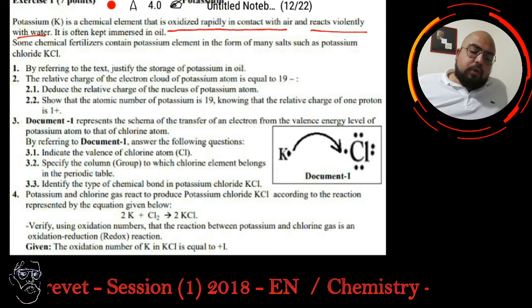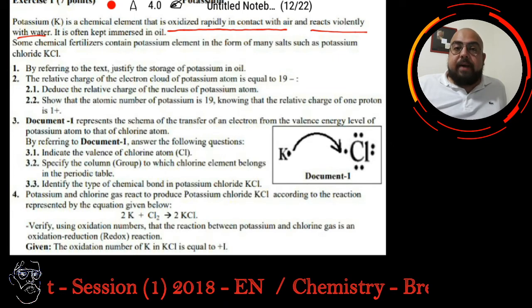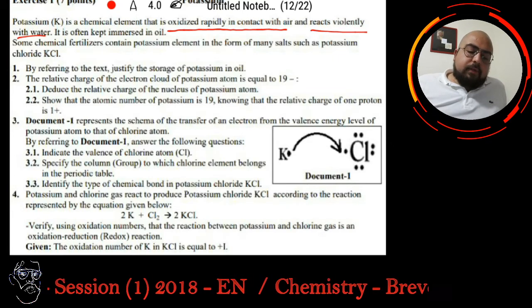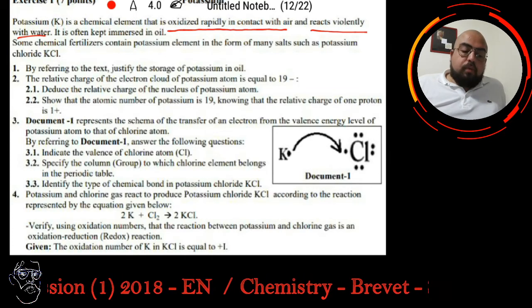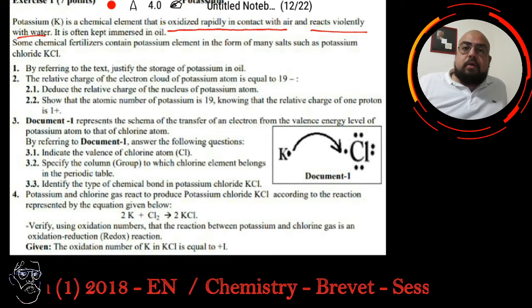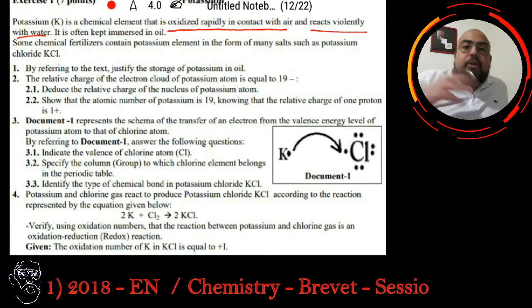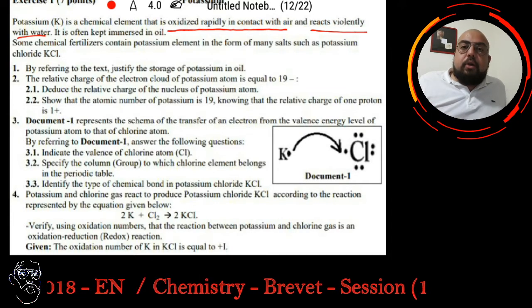The relative charge of the electron cloud of potassium atom is equal to 19 minus. Deduce the relative charge of the nucleus of potassium atom. In order to know the relative charge of the nucleus, you have to say that the atom of potassium is electrically neutral.